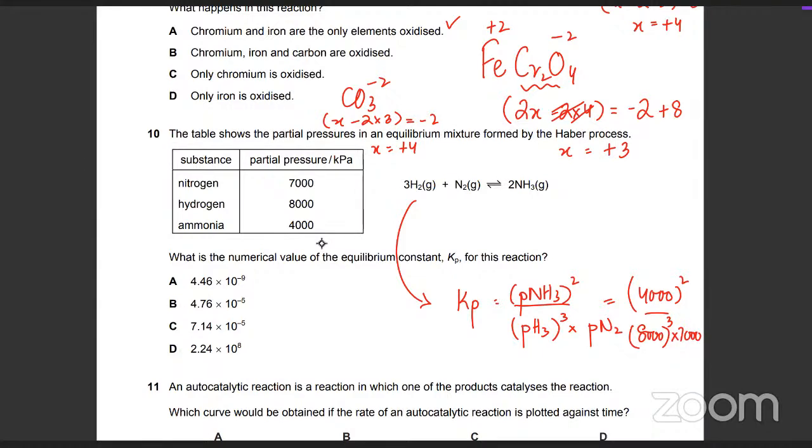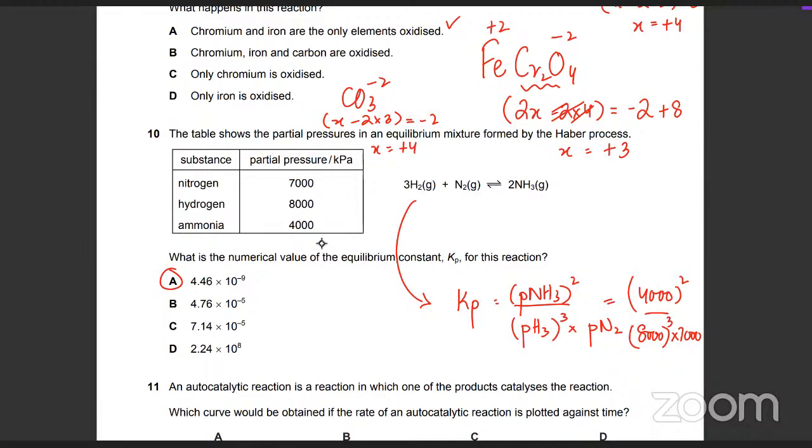The answer is 4.46 times 10 raised to the power minus 9. Okay, 4.46, this is it.